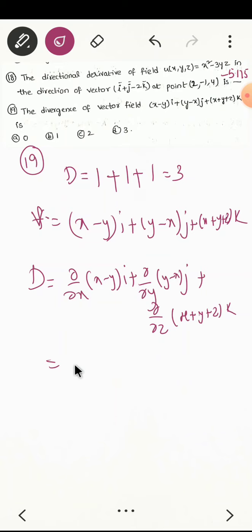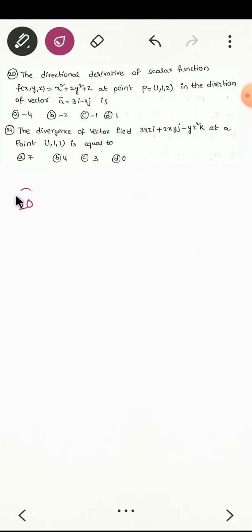Now dou by dou x is 1. The i won't be there, this is a scalar. So dou by dou y of y minus x is 1. Dou by dou z of x plus y plus z is 1. 1 plus 1 plus 1 is 3. Option D is correct.